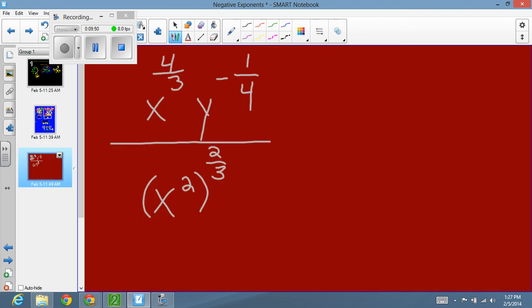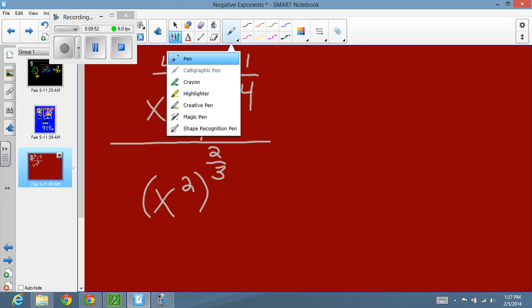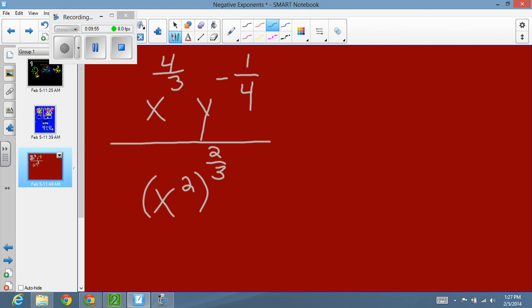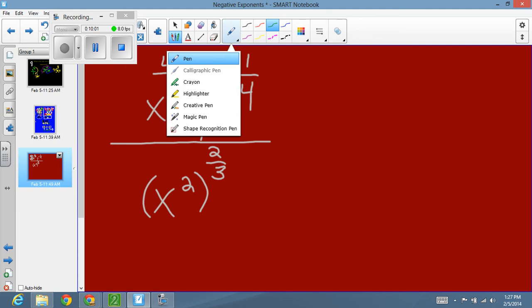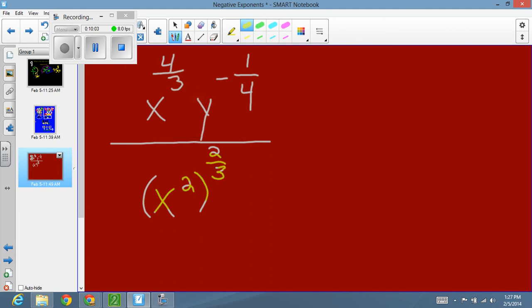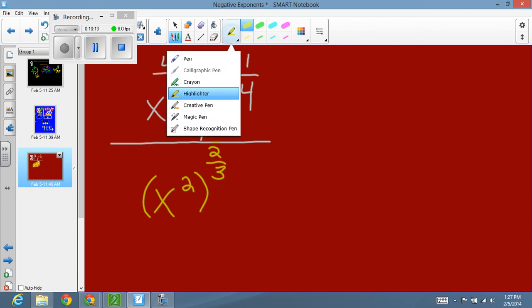Okay, last thing here for this little video. I'm going to go ahead and take care of this down here first. Okay, the highlighted part. I got to simplify that first because I got to do exponents before I do any multiplying.